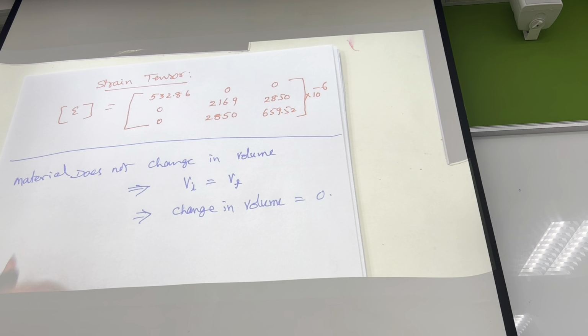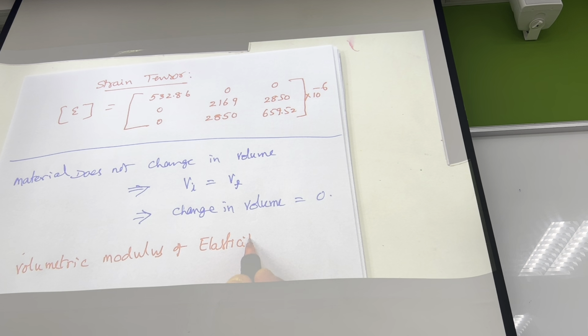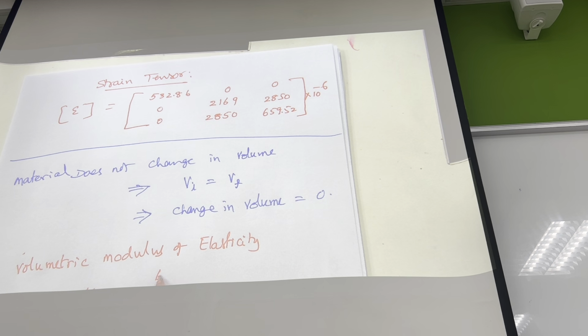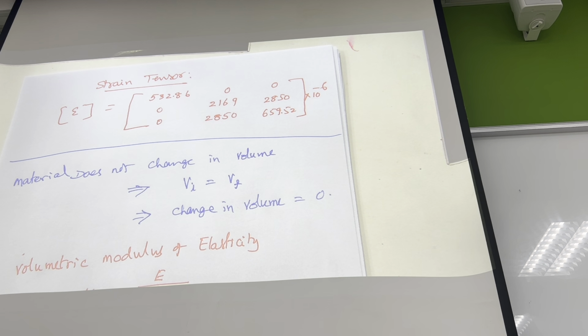So the volumetric strain, K, the volumetric modulus of elasticity, K can be written as Young's modulus over 3 times 1 plus 2 Poisson's ratio.